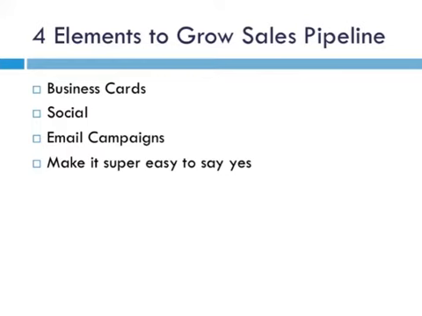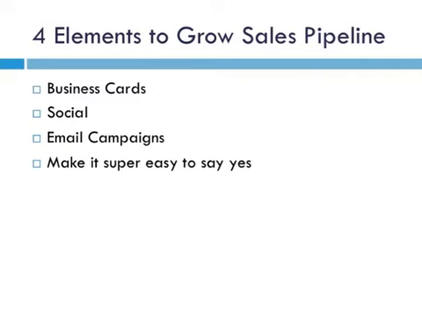So how do you reach out to these people? My guess right now, I'm going to make one assumption. I don't like to make a lot of assumptions, but my guess is that of these 4 elements, you probably have at least one of them. And we can say that business cards is that one. Now, business cards can be 2 different things. Number 1, the physical card that you get when you go to a networking event, or you're in the grocery store, or you just happen to meet someone.